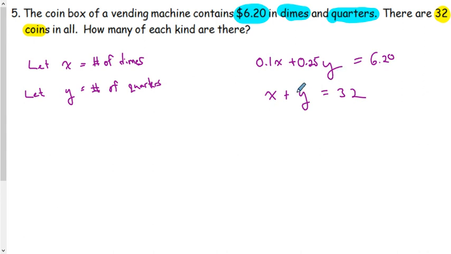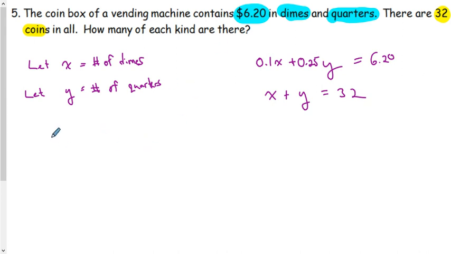If you like substitution, you could get y by itself by going, okay, y equals 32 minus x, and you could take that and sub that in for y here. That's going to be a bit messy, so I'd rather not do that. I'm actually going to do elimination because it's a bit more neat.